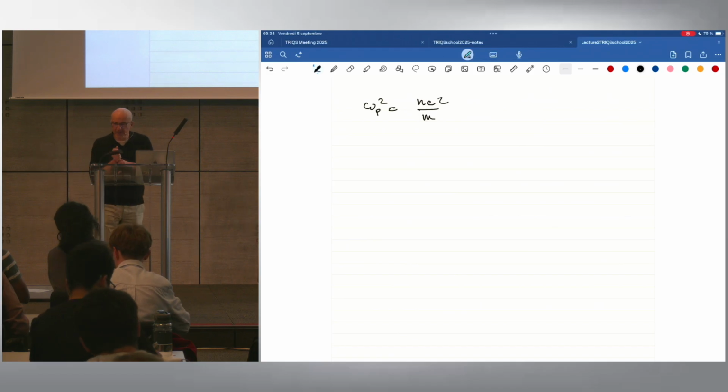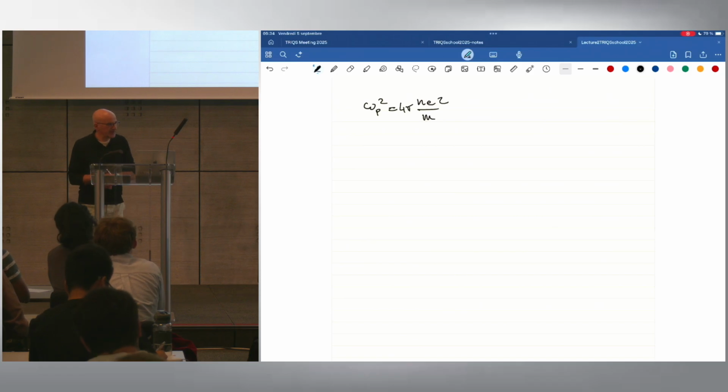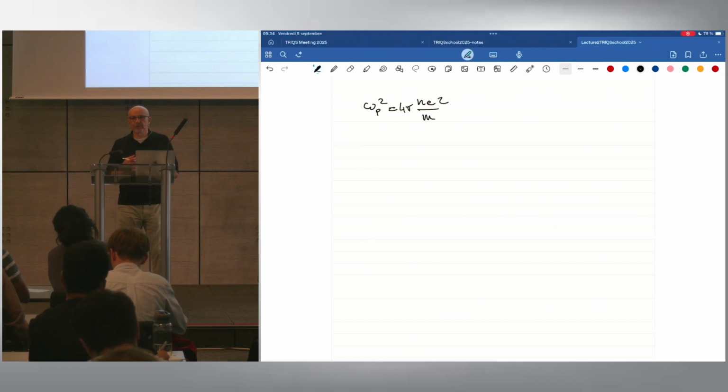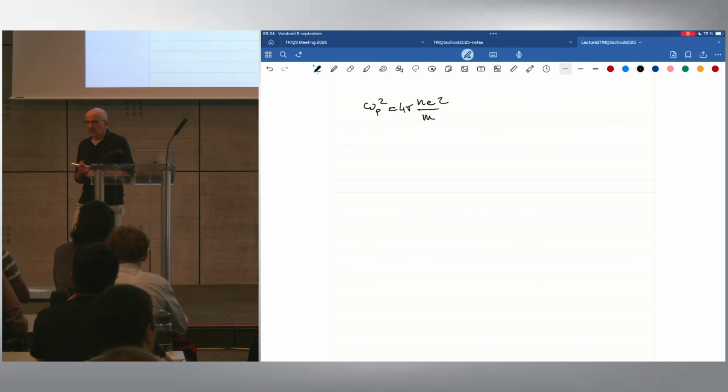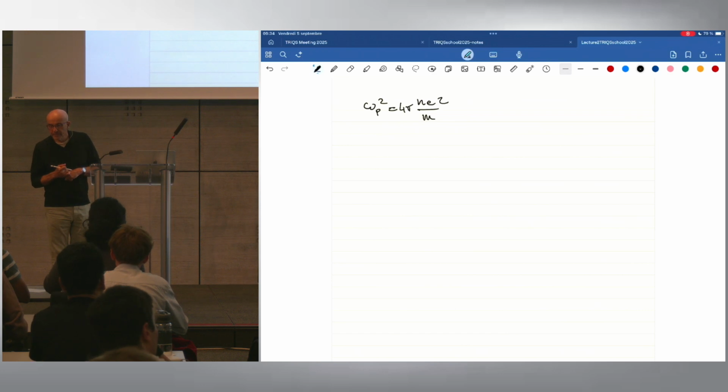It's probably 4 pi n squared over m in CGS units, or n squared over m epsilon 0 in SI units. And this should also show up in my formula. It should show up as a pole in the real part of W of Q.